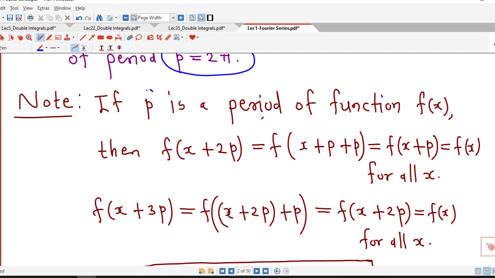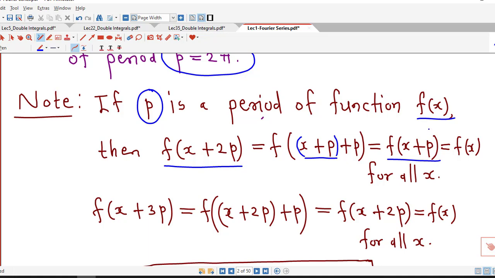Now if p is a period of function f(x), then if we find f(x + 2p), we can rewrite 2p as p + p, that is f(x + p + p). Now the period of f(x) is p, therefore f(x + p + p) = f(x + p).